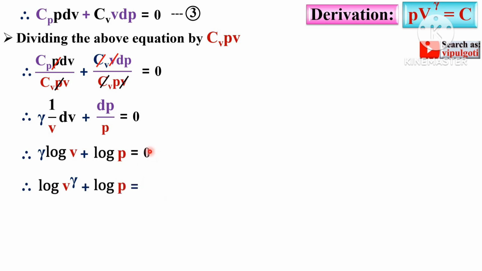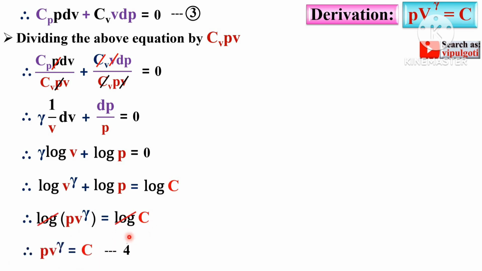Now I can put the value of 0 as log C, because C is a constant. Again by the log rule, it will be the multiplication of V raised to gamma into P, equal to log C. Now on both sides log will be cancelled. So it will be PV raised to gamma is equal to constant.